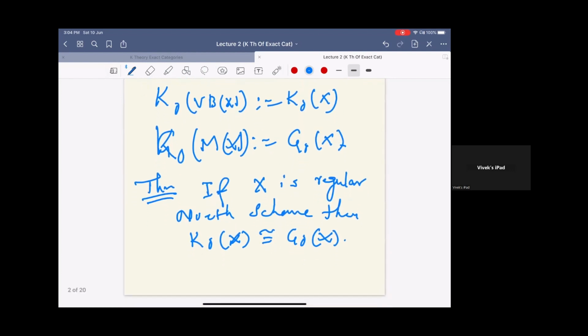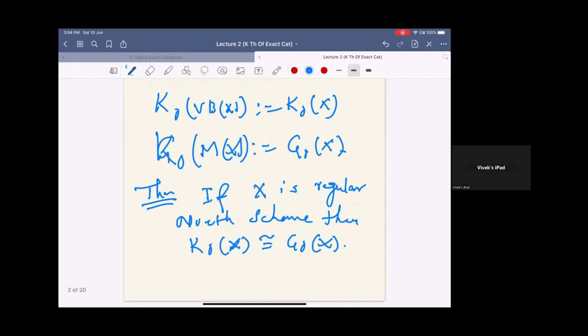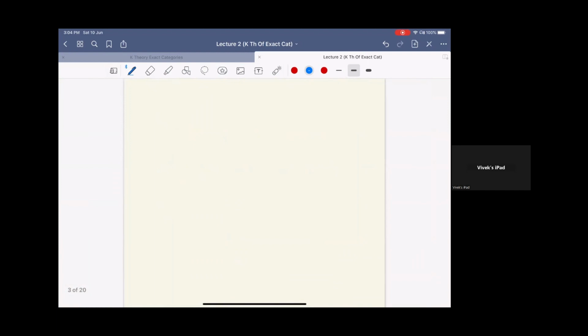Okay, today's lecture. For that we need to define higher K-groups. But okay, we'll just give an overview of how to define higher K-groups. A more general way to define is called Waldhausen's S-dot construction. So it's already been defined, I think, the Waldhausen category. So what is a Waldhausen category?